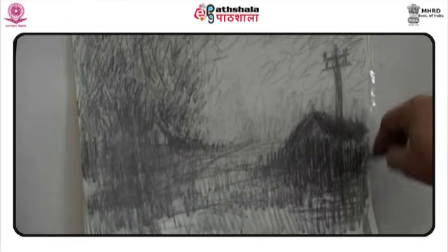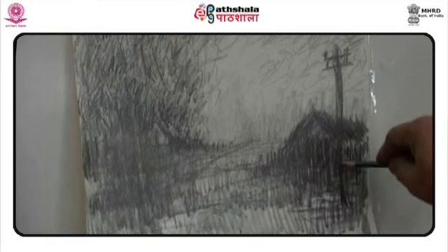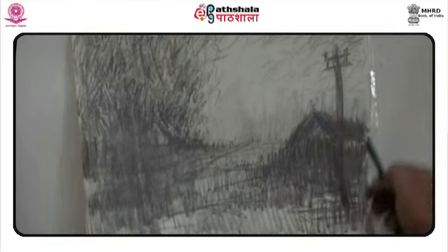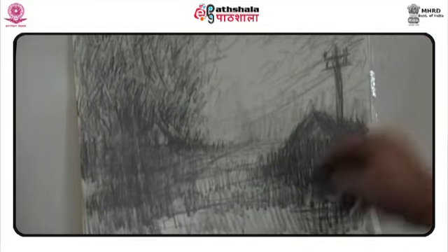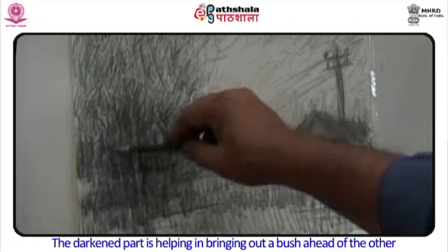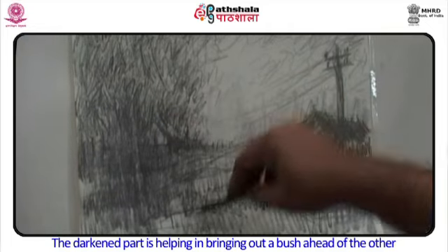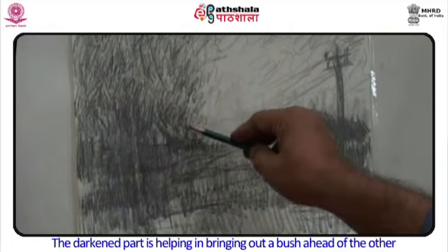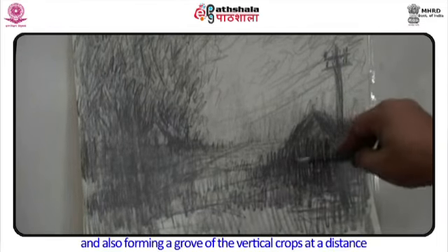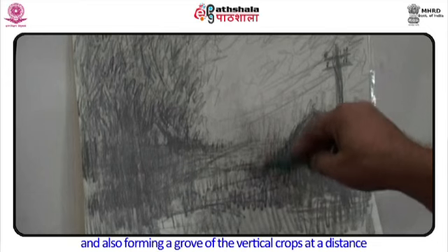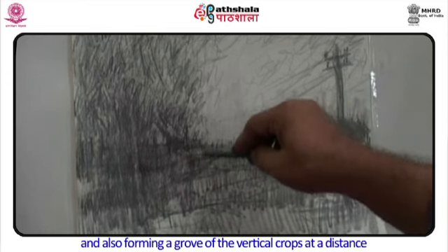The swing of the curved line can indicate the electrical wires getting dull in the distance. The darkened part is helping in bringing out a bush ahead of the other and also forming a grove of vertical crops at a distance.